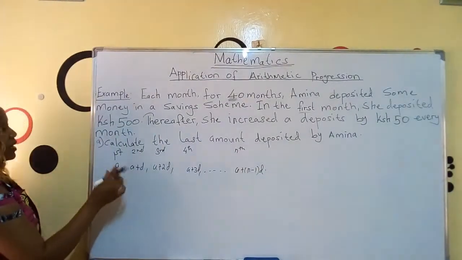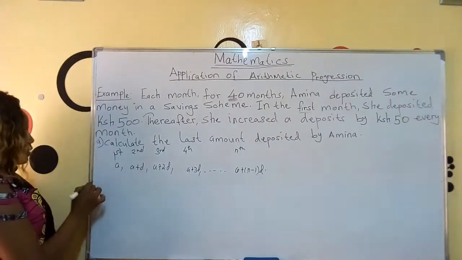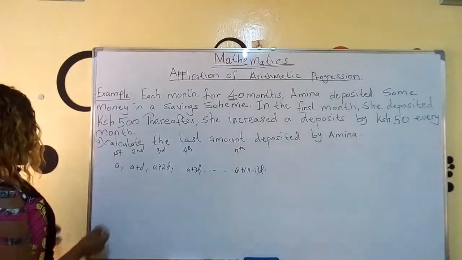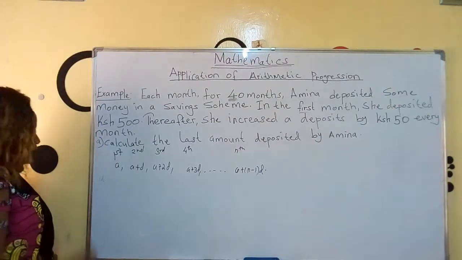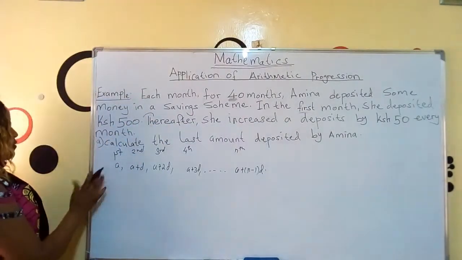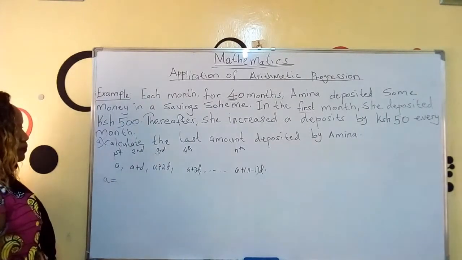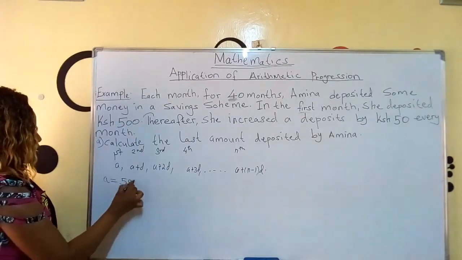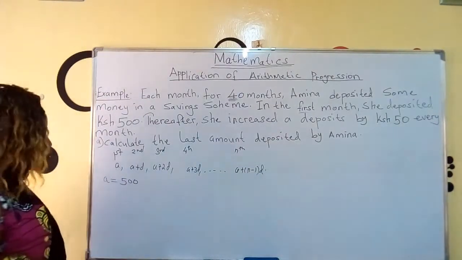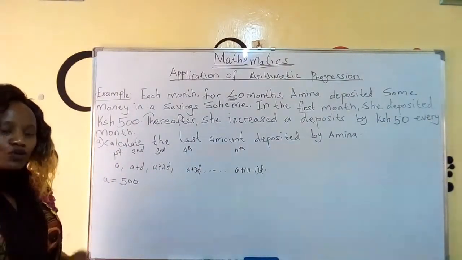We know that in the case of Amina, the first term, which is now A, is 500 shillings. And the D we are talking about is the common difference. D is the common difference from one term to another.